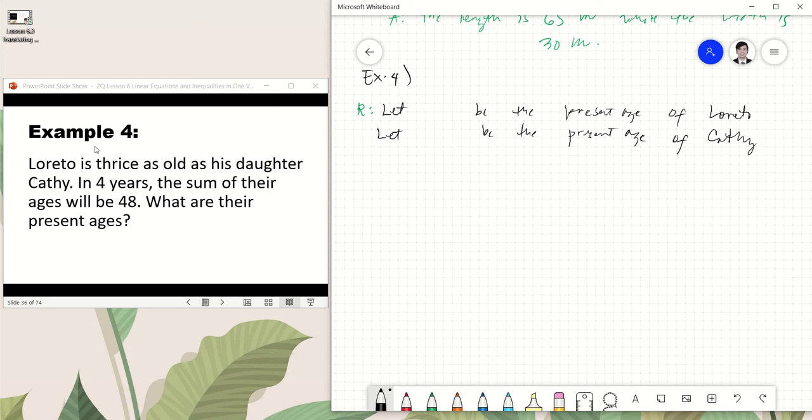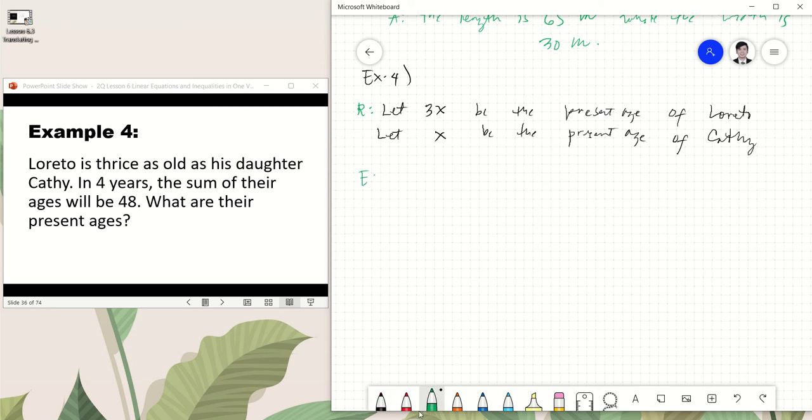It will be based from the age of Kathy. So, ibig sabihin nito, si Loreto, dependent sa age ni Kathy. Pero wala tayong clue kung ano yung age ni Kathy. So, si Kathy ang magiging x natin. Then, translate lang natin yung first sentence. Loreto is thrice as old as his daughter Kathy. So, 3 times x or 3x.